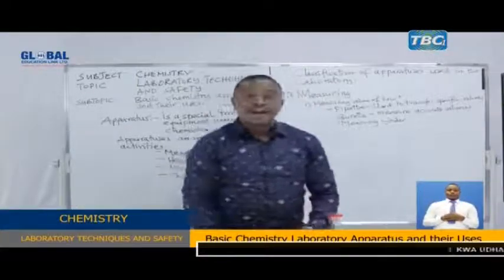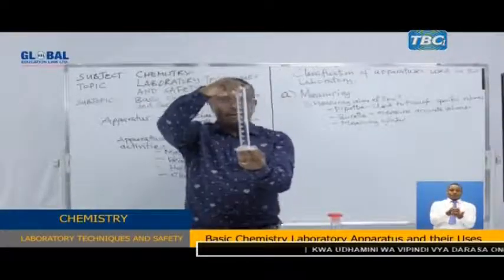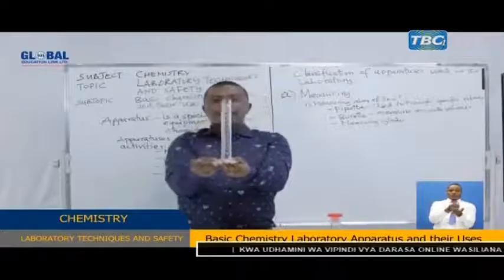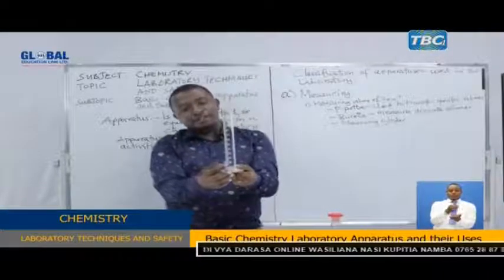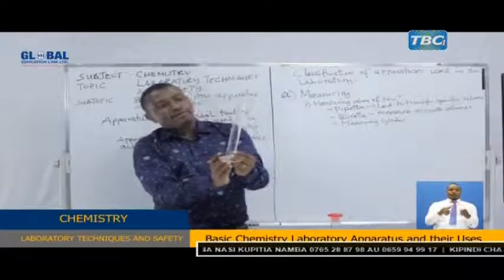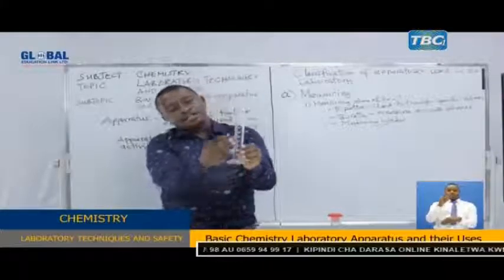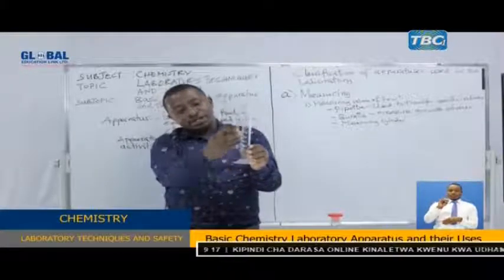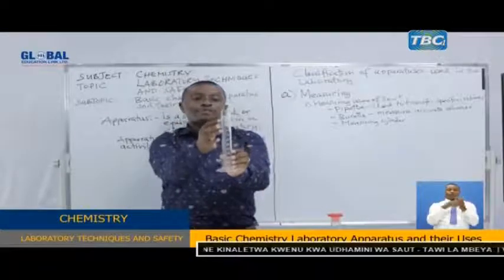We also have another apparatus for measurement. It's this one here. This one is called a measuring cylinder. A measuring cylinder is also calibrated. This measuring cylinder is of 100 mls or 100 cubic centimeters. You can see the calibrations here from 10 cubic centimeters to 100 cubic centimeters.